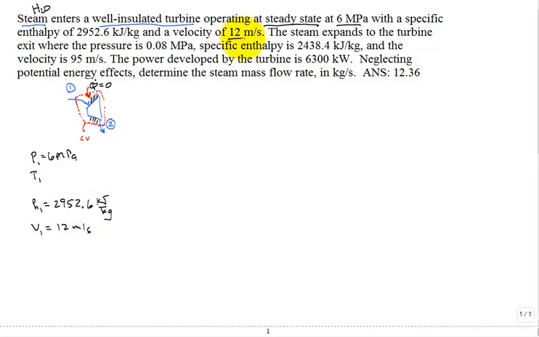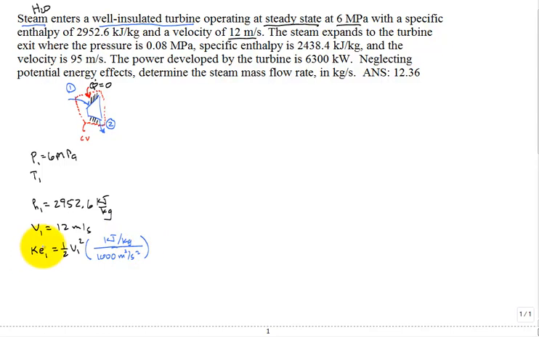Whenever you see a velocity given, you're thinking, ooh, I better not neglect the specific kinetic energy. What is the specific kinetic energy? It's 1/2 V squared, so 1/2 velocity 1 squared. I'm going to remind you that we often combine it with the enthalpy, so I want it in particular units: 1,000 meters squared per second squared is a kilojoule per kilogram unit conversion.